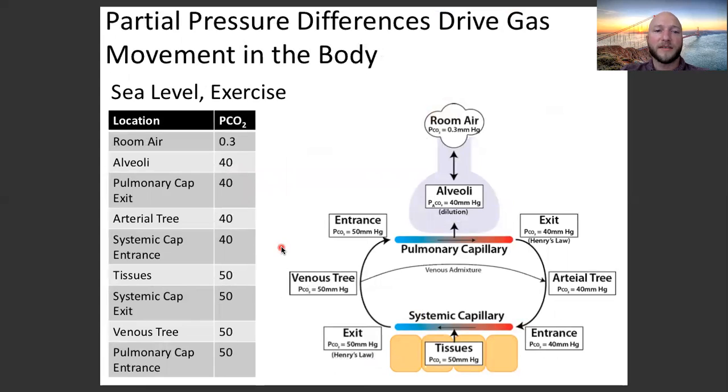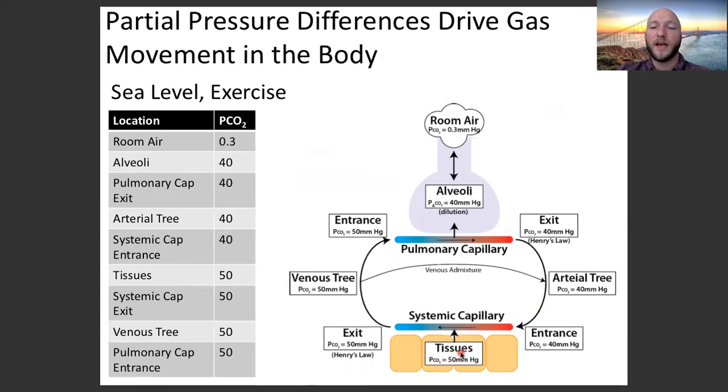Let's look at carbon dioxide's journey with exercise. What changes? The thing that changes is you're producing more CO2 in your tissues because you're producing more energy. CO2 is going to move into your system.